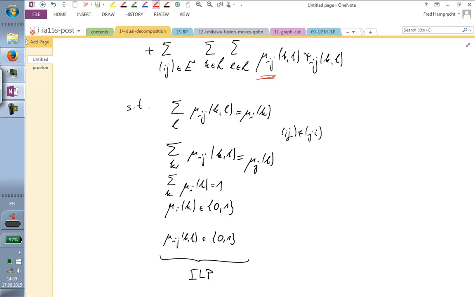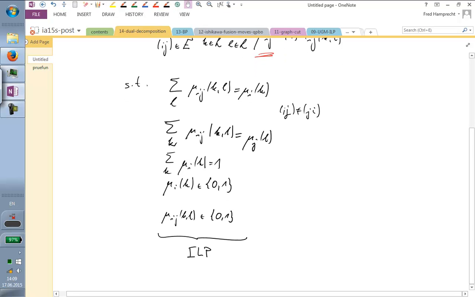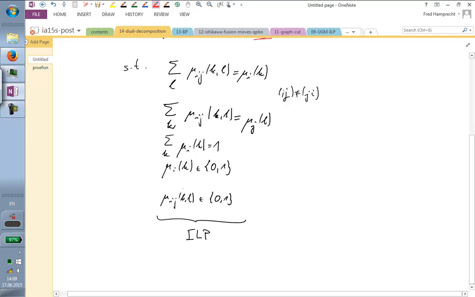Now, to make this problem easier, we can approximate it as follows. We can delete this and simply say that mu i of k should be no less than 0, and mu ij of kl should be no less than 0.